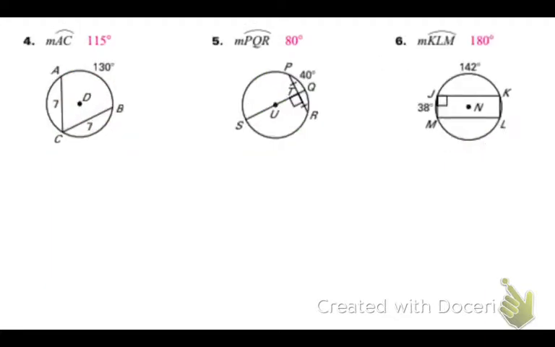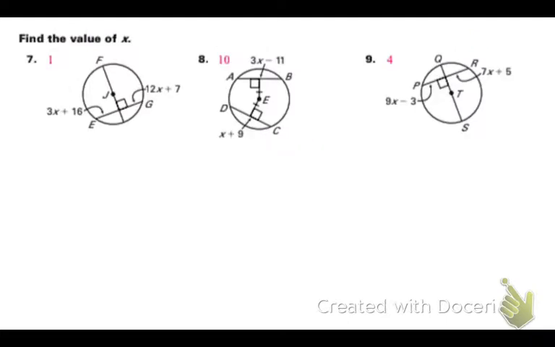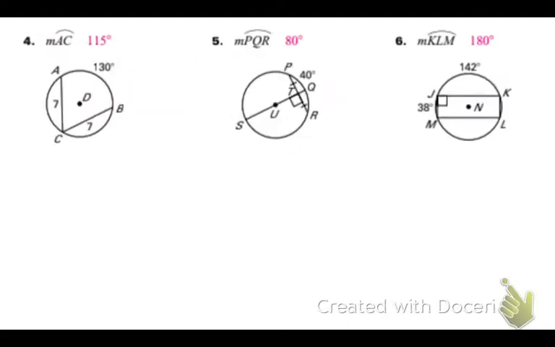So number 4, we're looking for the measure of AC, and this is similar to that first one because we know that this arc is equal to 130. So if we subtract 130 from 360, we're going to get 230.